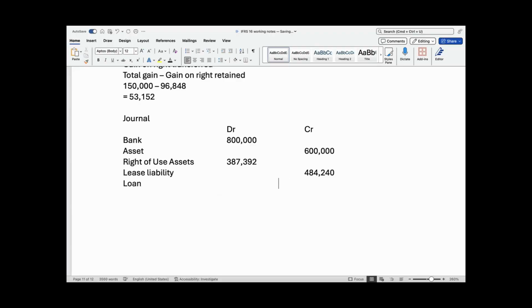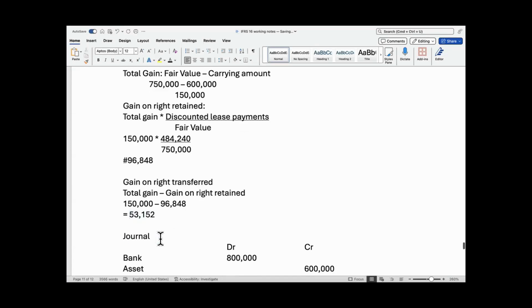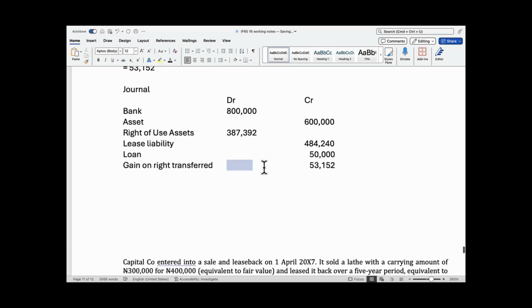Then the loan we said is 50,000. And don't forget, after we did all of this, we made a gain on rights transferred. How much was the gain? It is 53,152. This one. All right, sum this together.